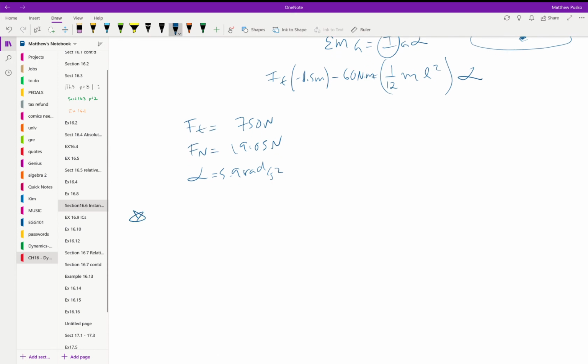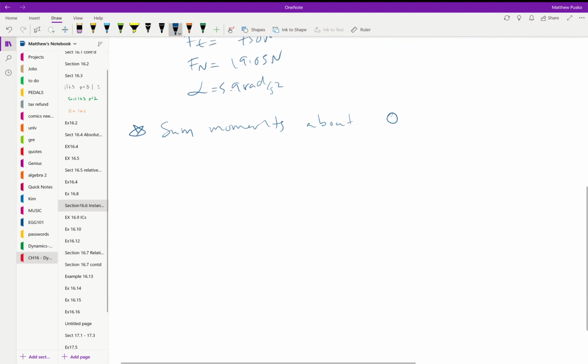So check this out. It's in your book, but I recommend just trying it on your own. Sum the moments about O also. You can get the same exact answer. Yeah, I'll go ahead and do it for you. If I sum the moments about O, it's going to be equal to I about O alpha.